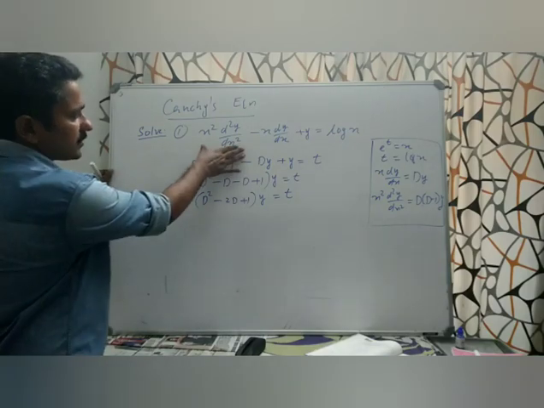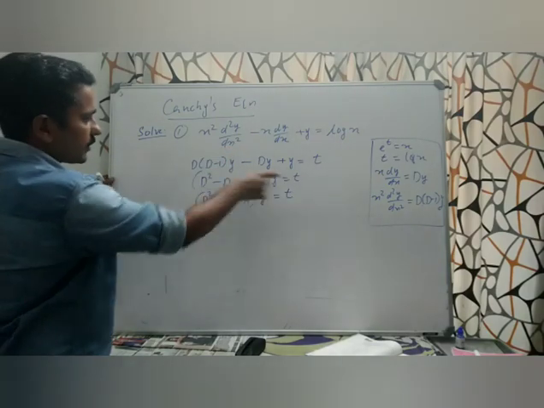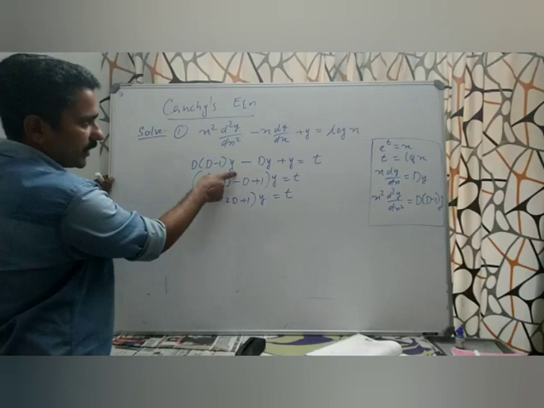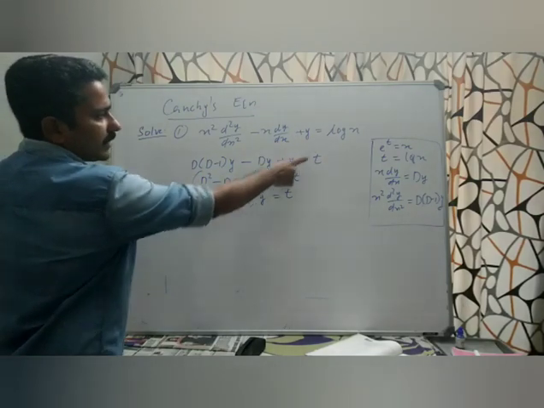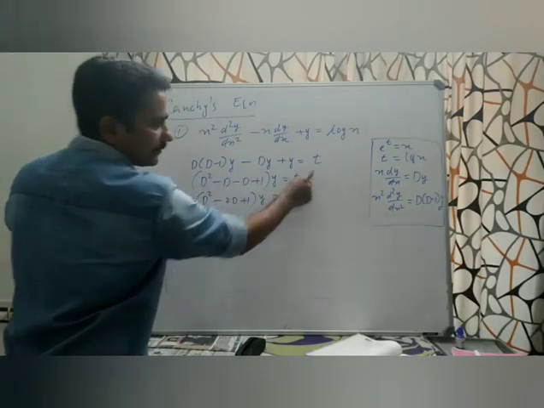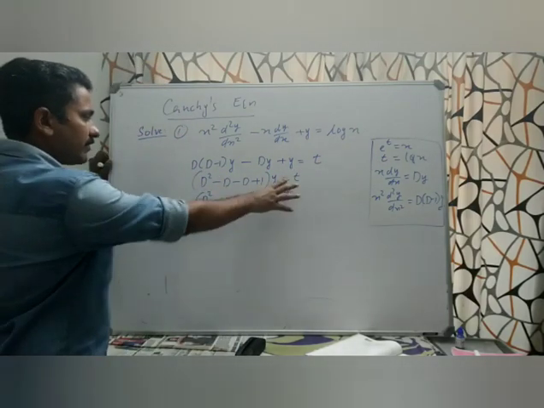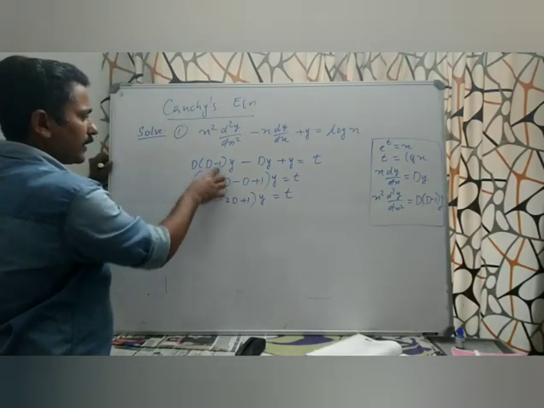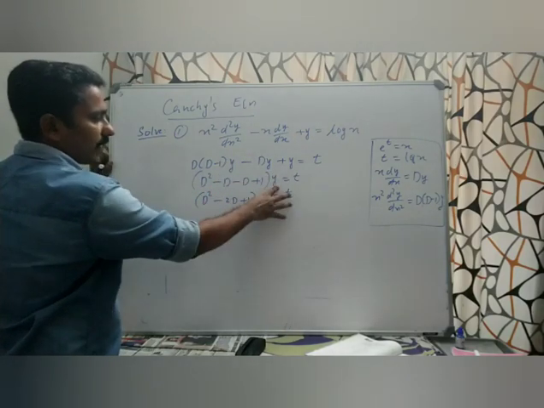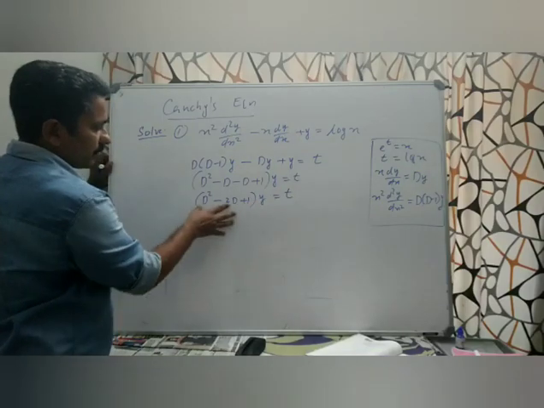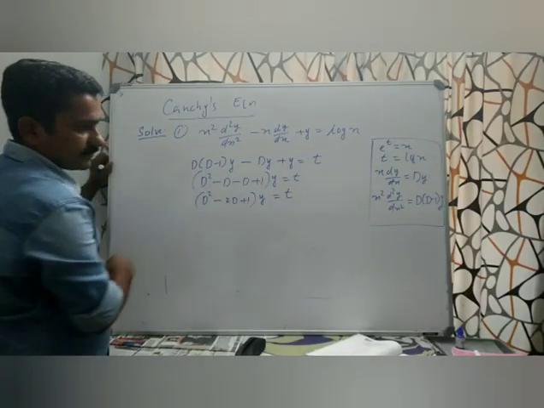So x square d square y by dx square is replaced by D times D minus 1 y, and this one is replaced by Dy, plus y is equal to, and log x is t. When you simplify that, D square minus D, this is minus D, plus 1, you take out y is equal to t, and when you simplify, this is what you will get.